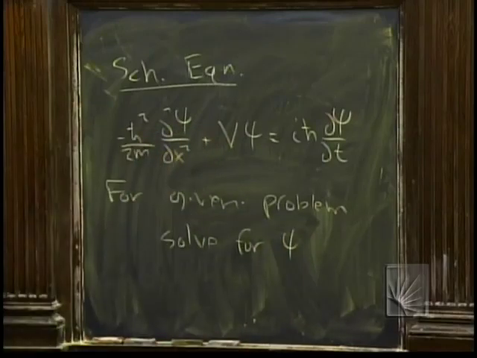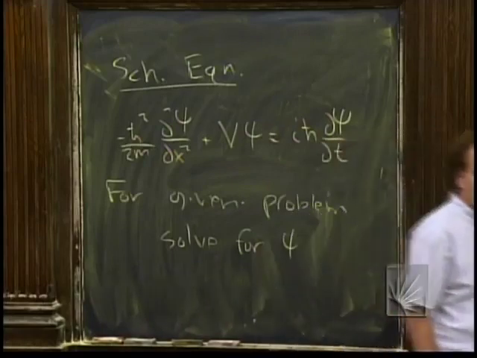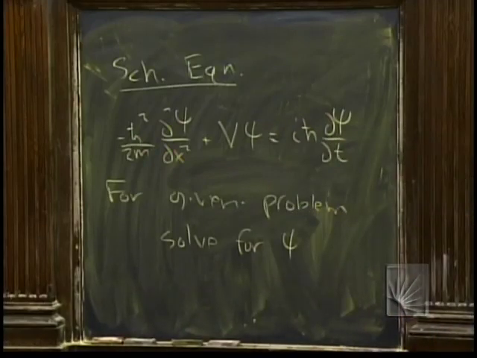I like the way this is sort of academic or physicist language, "for a given problem." So if any physical situation is a problem, any given physical setup, we would know V, the potential, and then we would solve for psi.